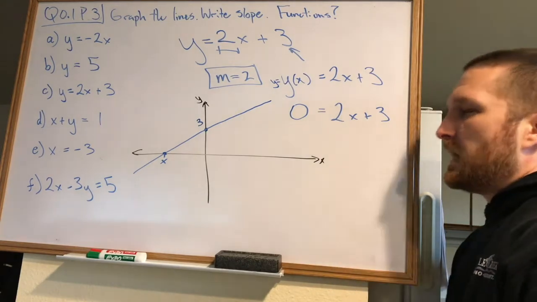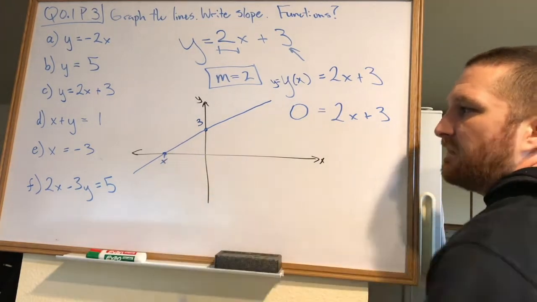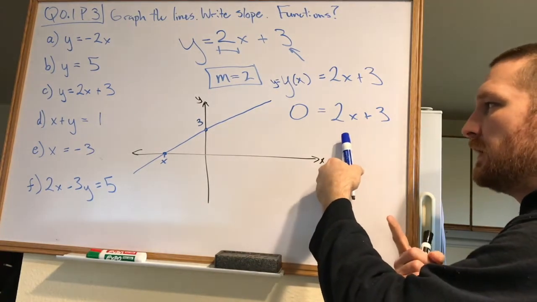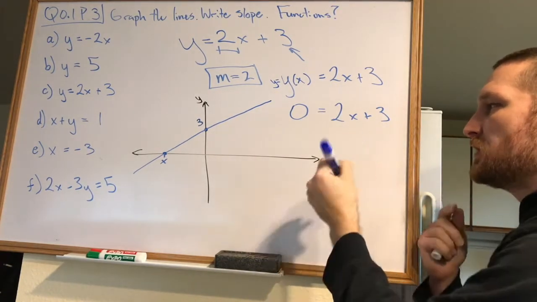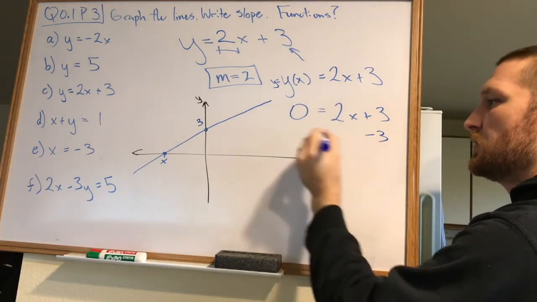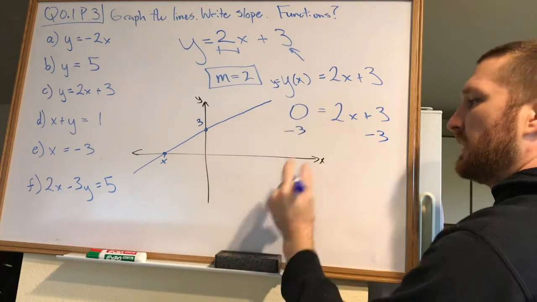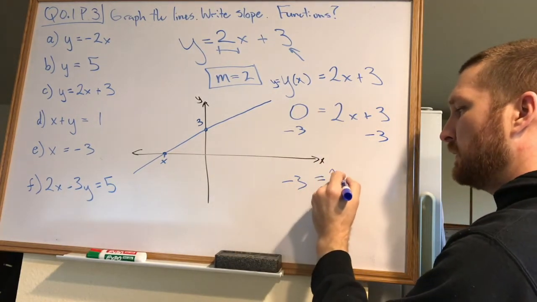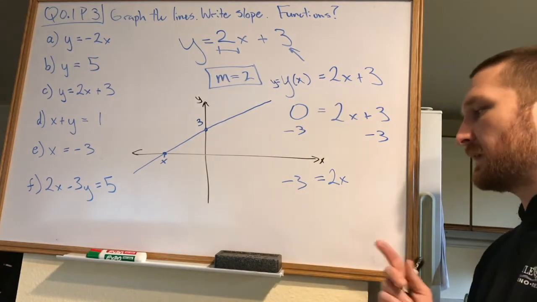Trying to get x by itself, that's the number I need to find. So x gets multiplied by 2, then 3 gets added on. So I undo the 3 first. To undo addition, I subtract. That gives me negative 3 equals 2x. Now x gets multiplied by 2.